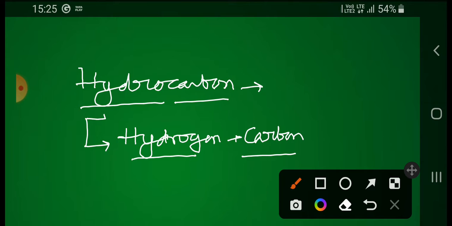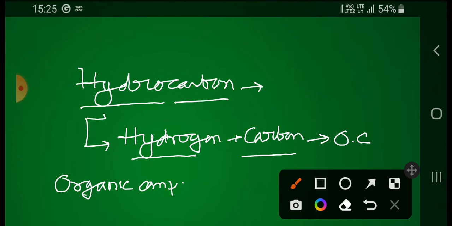It is important to note that all hydrocarbons are organic compounds, but all organic compounds are not hydrocarbons. Now let us try to understand what are organic compounds.